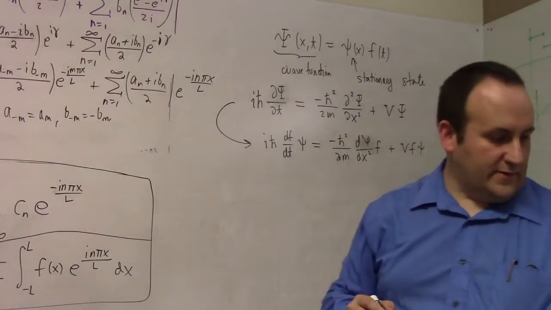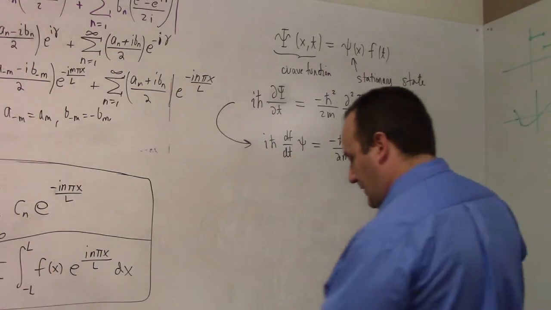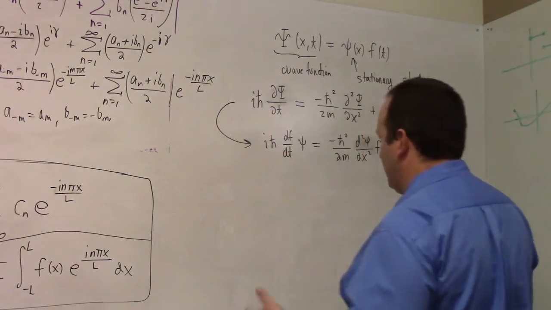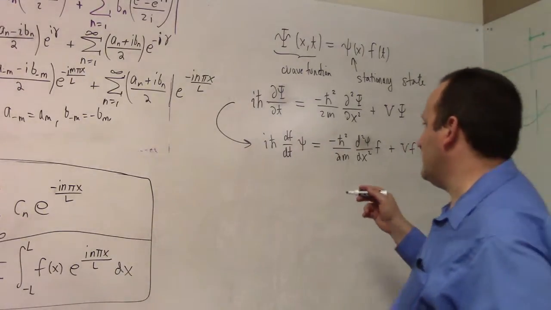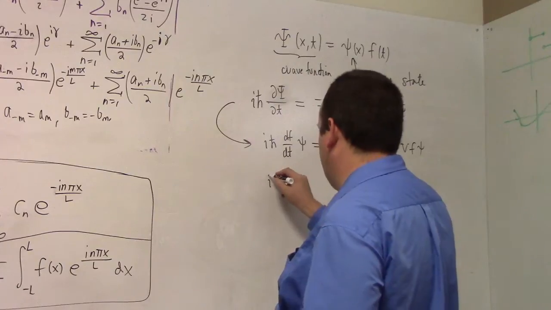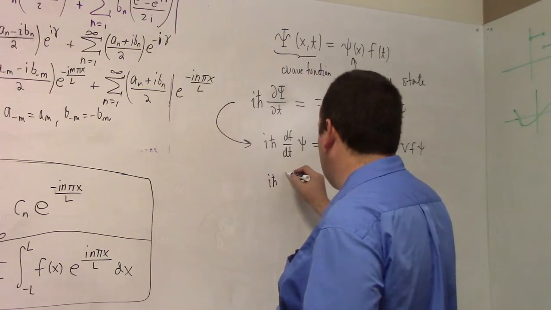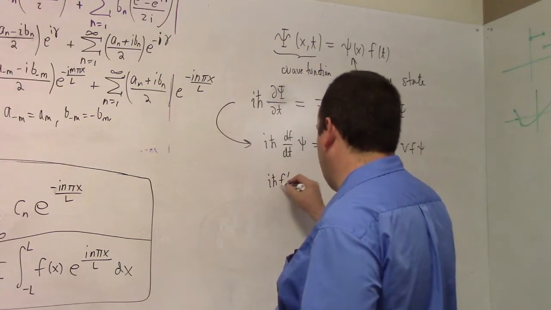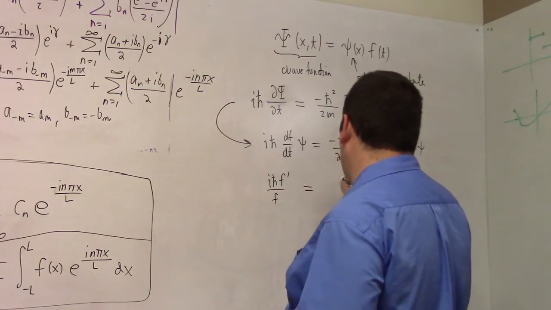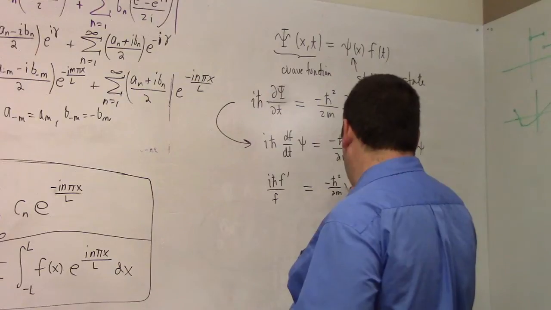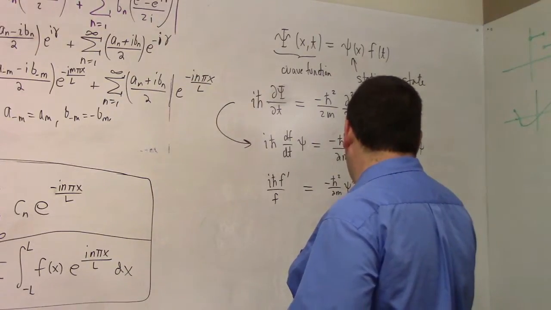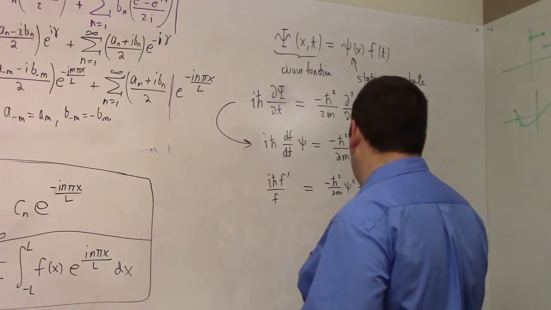And then, like we did the other day, we did the usual thing, right? We divided both sides by the full wave function, and that gave us i h bar f prime over f is equal to minus h bar squared over 2m psi prime prime plus V psi, right?